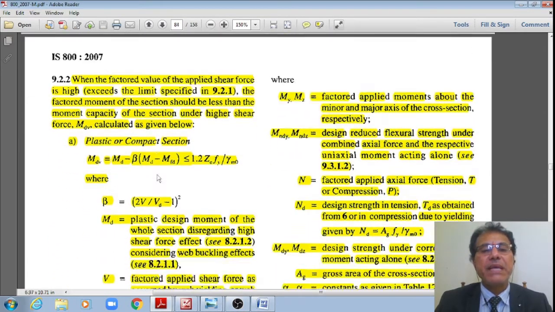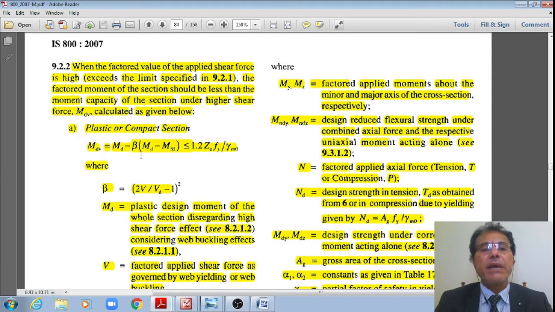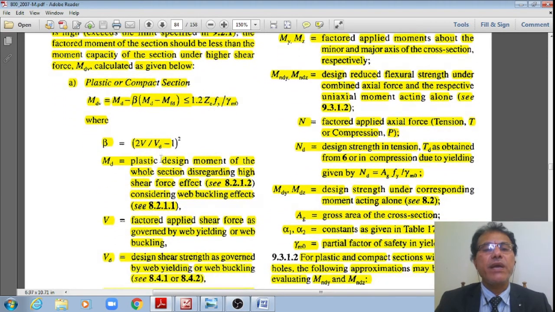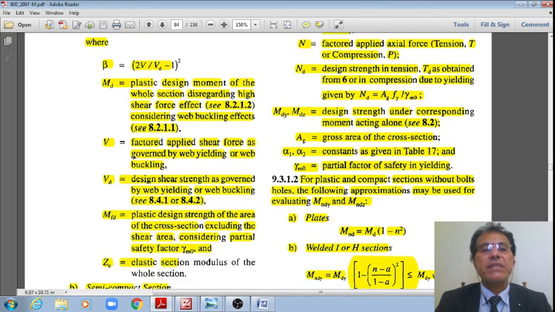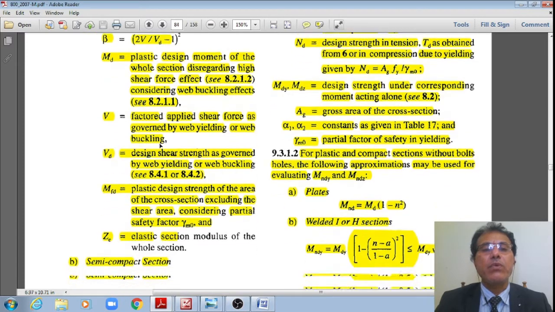That Mdv for the plastic and compact sections is given by Md minus beta multiplied by Md minus Mfd. However, this should be less than or equal to 1.2 Ze Fy divided by gamma M naught, where beta is equal to (2V divided by Vd minus 1) whole square. Md is the plastic design moment of the whole section, disregarding the high shear force effect, considering the web buckling effects as per clauses 8.2.1.1 and 8.2.1.2, and Vd is the design shear strength.